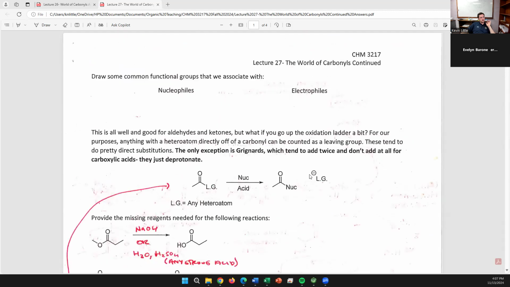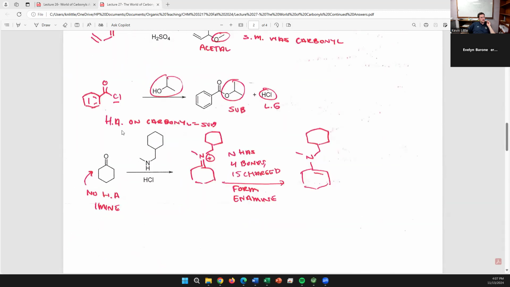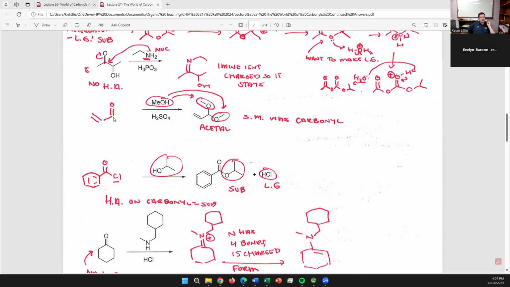this is where you have to do a little bit of memorization. If an alcohol adds into a carbonyl without a heteroatom, it's going to end up adding twice. So you end up forming what's called an acetal, where this methanol has added twice to the carbonyl. Every time an alcohol nucleophile adds into a carbonyl without a heteroatom, it will add twice.